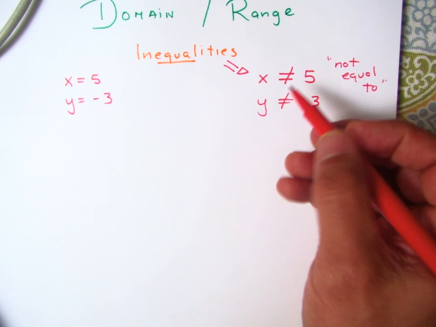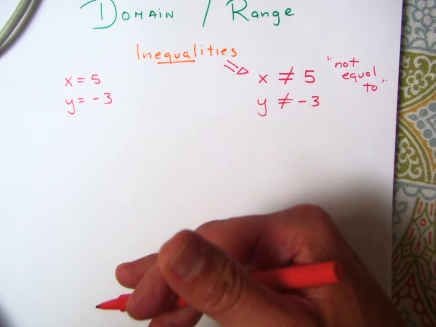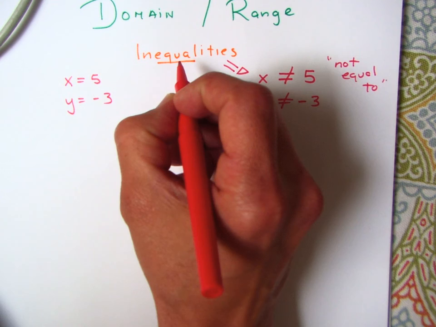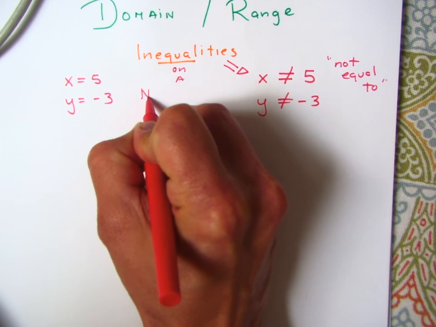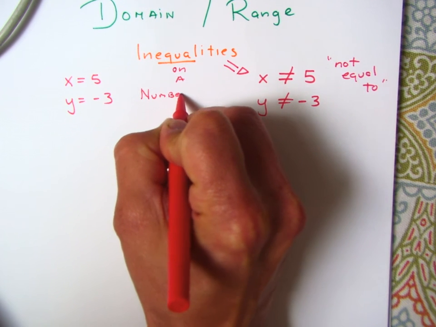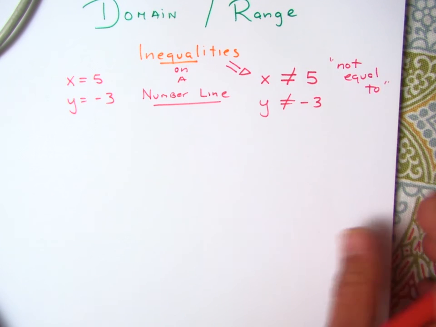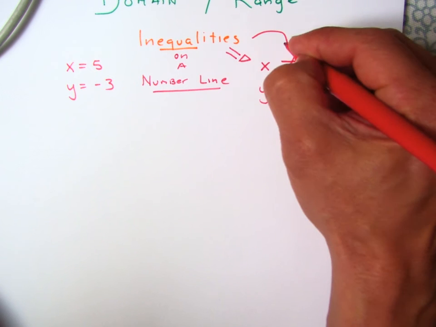It's either going to be bigger or smaller, okay? So when we talk about inequalities, we're going to be talking about inequalities on a number line. So what are other operations of inequality?